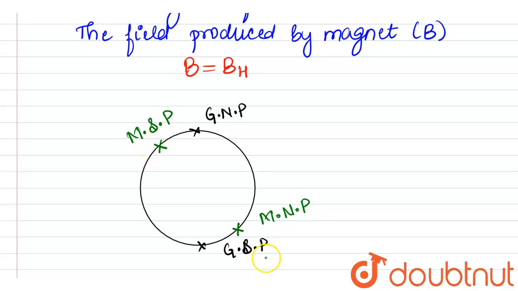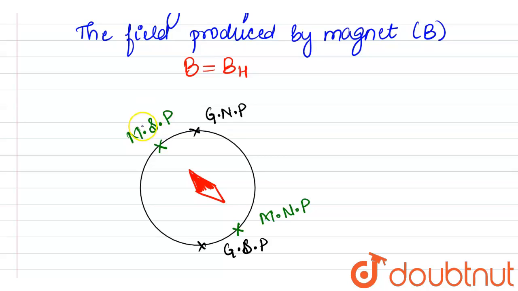So the north of a freely suspended compass needle will be towards the magnetic South Pole. Why? Because we know that unlike poles attract each other. So therefore this has to be our magnetic South Pole.